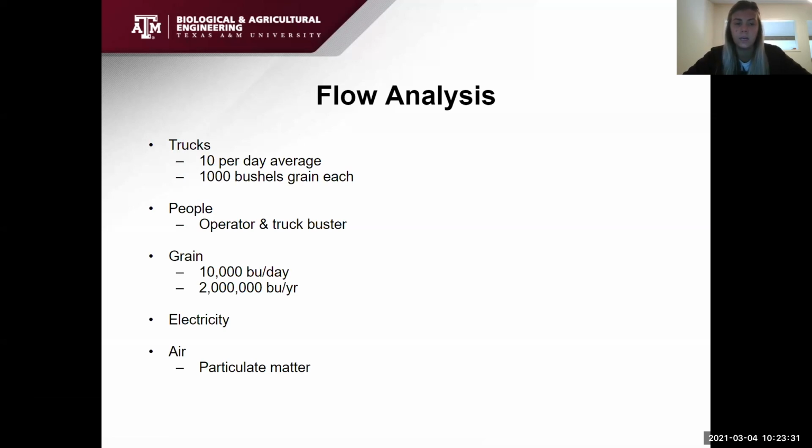These are the dust emissions coming off the agitated grain as it's released from the hopper into the dump pit. That is our area of concern: the exposure to workers in this area, as well as the pollution to the air outside of the facility.